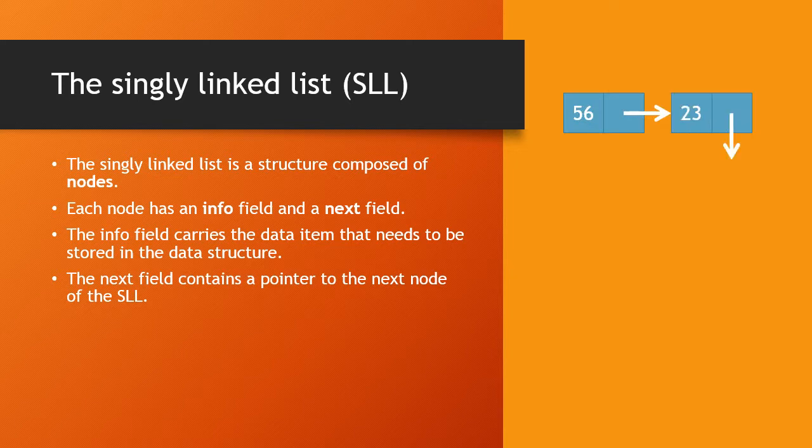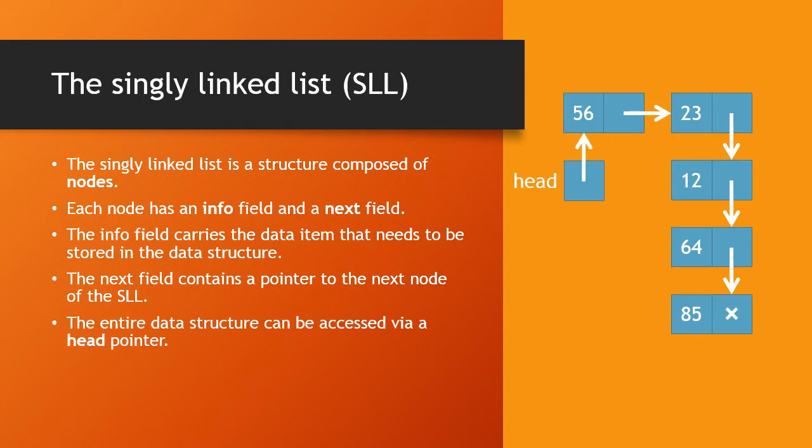It points to a node containing 23, which points to a node containing 12, which points to a node containing 64, which points to a node containing 85. The pointer of the node containing 85 is None. This means that the node containing 85 is the last node of the singly linked list.